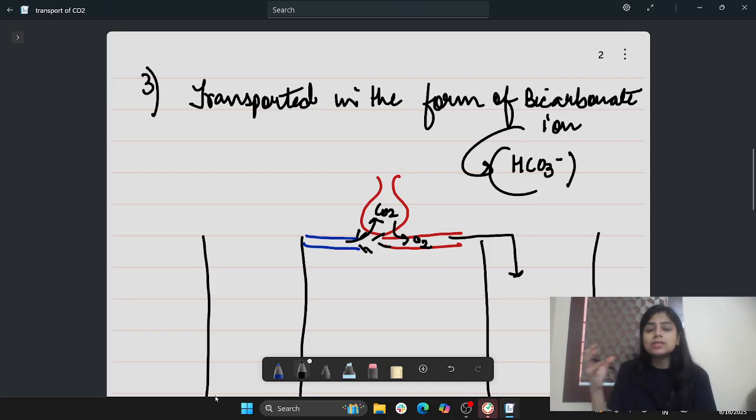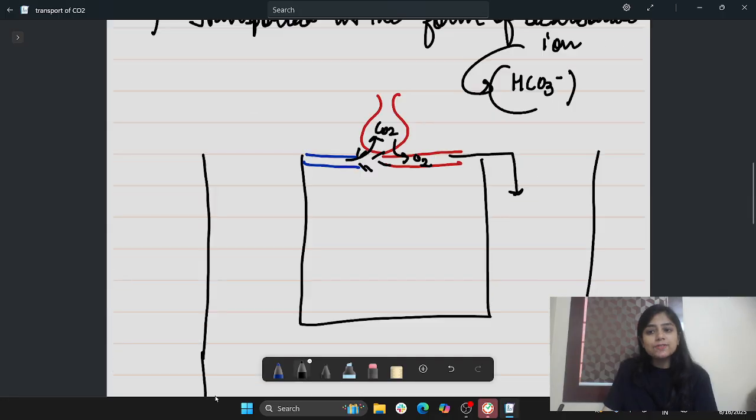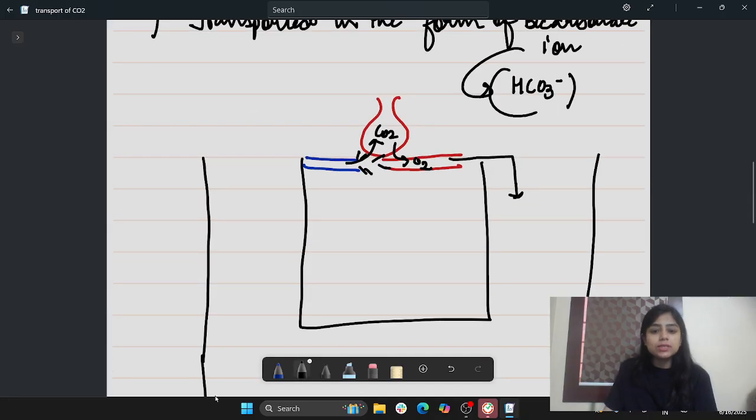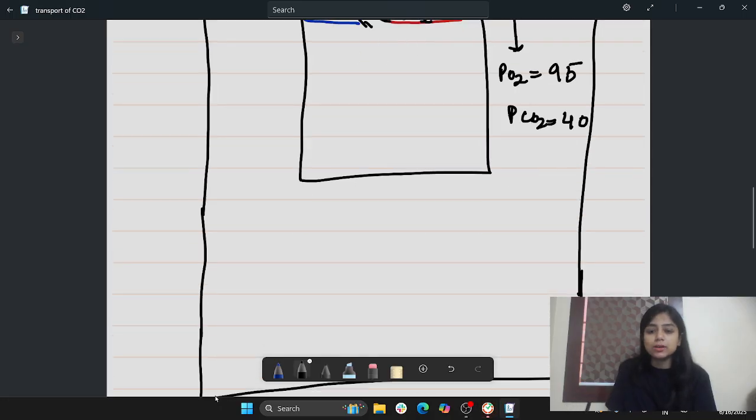That means arteries that deliver oxygenated blood to the rest of the body organs are called systemic arteries. As I have said in our previous videos, in the systemic artery the PO2 level will be 95 mm of Hg and the PCO2 level will be 40 mm of Hg. Now let's see what happens here.